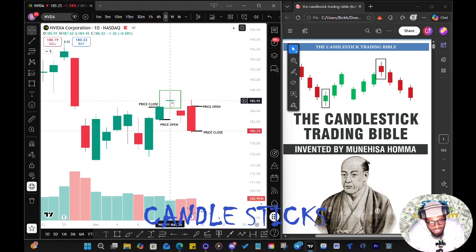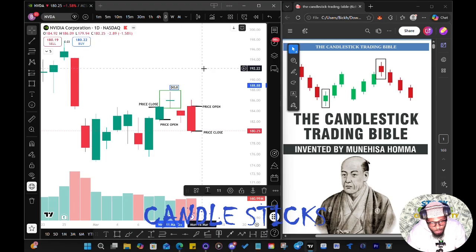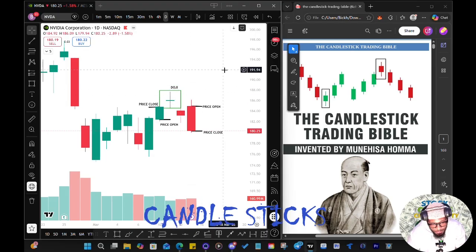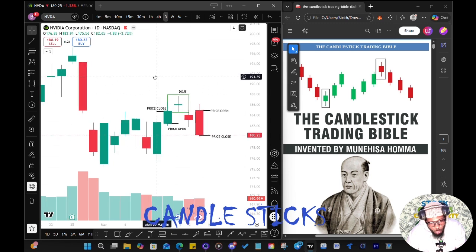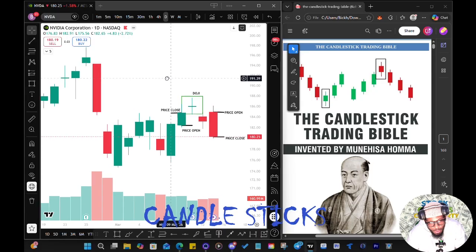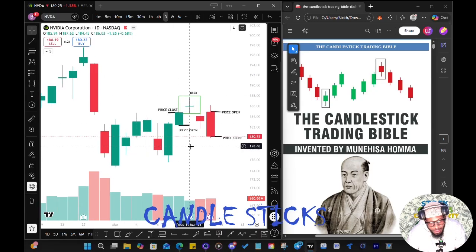It was indecisive. That's what this candle, which is called a Doji candle, shows. Anytime you see this, you just need to pull back a little, wait to see what happens, and then go with it. You need to know what these mean.